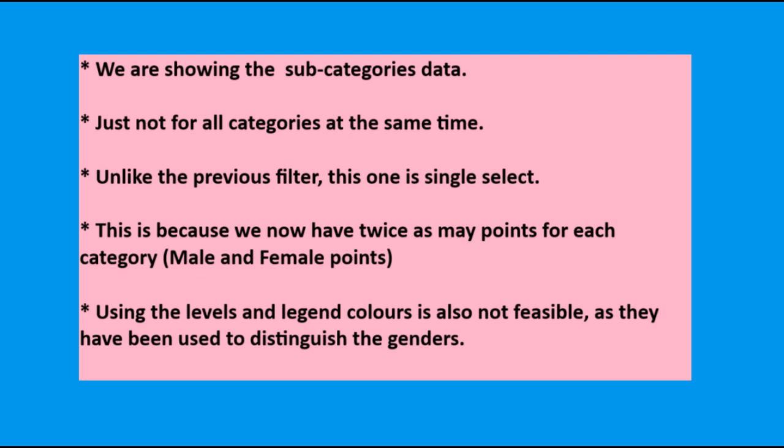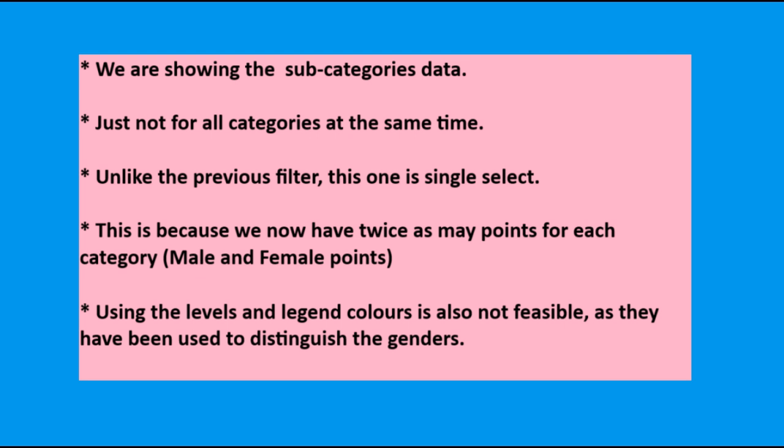The reason we're showing just one category at a time is if we showed everything, things would get a bit cluttered, and we can't use the legend or levels because, unlike the previous one where we used the legend and the levels, the colors and levels for the categories, here we've used that for the male-female distinction.